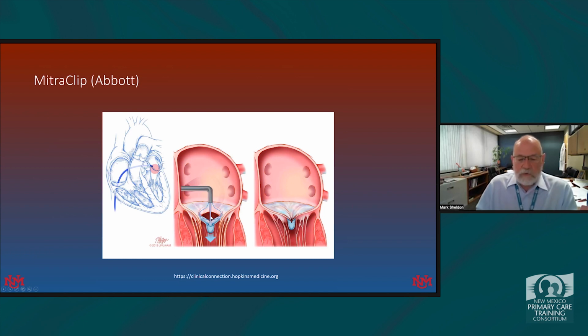You can do this under TEE guidance, so you don't cause too much stenosis, and that you are actually repairing the mitral regurg, and this is the end result. You have a clip that stays in there. It's free on the tips, and it's not attached to anything but these leaflets.